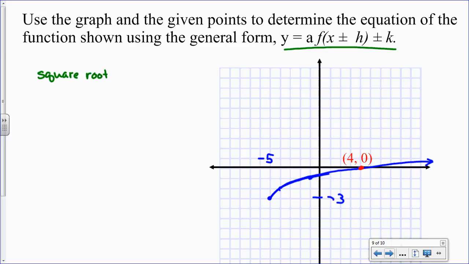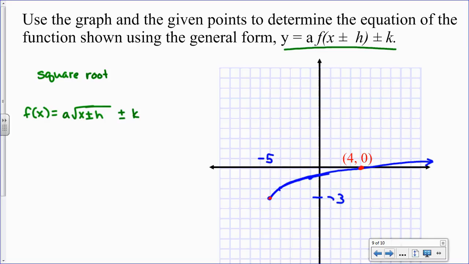Okay, so I need it in this form, with h and k. And I would fill in my variables A, H, and K. All right, well, let's do H and K because that's usually the easiest.